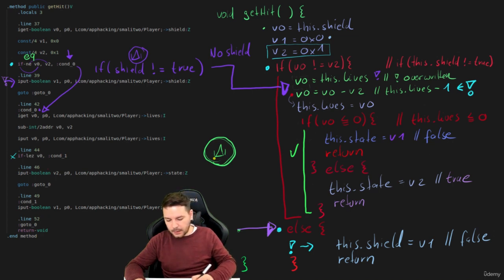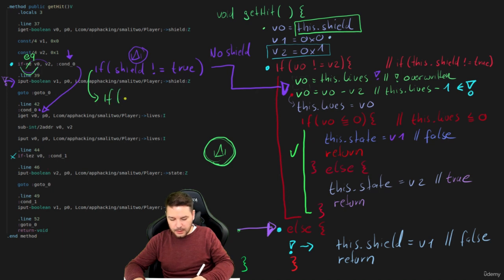Let's see. Okay. If v0 is this dot shield, if this dot shield equals true. Okay, so we are changing this to this statement.